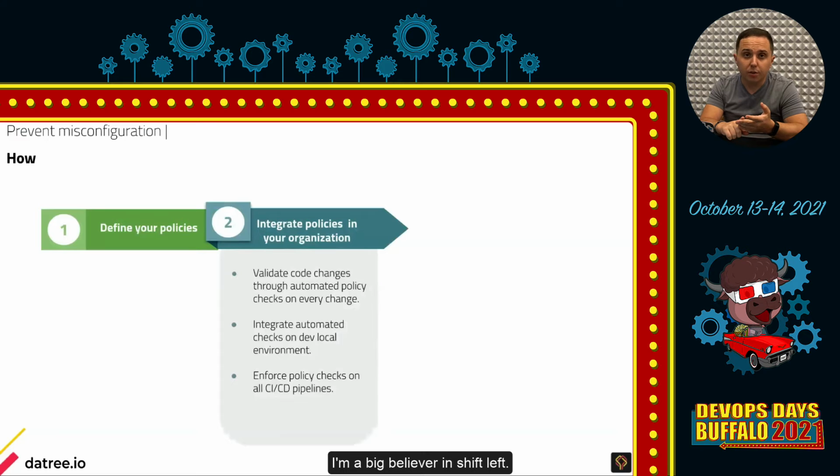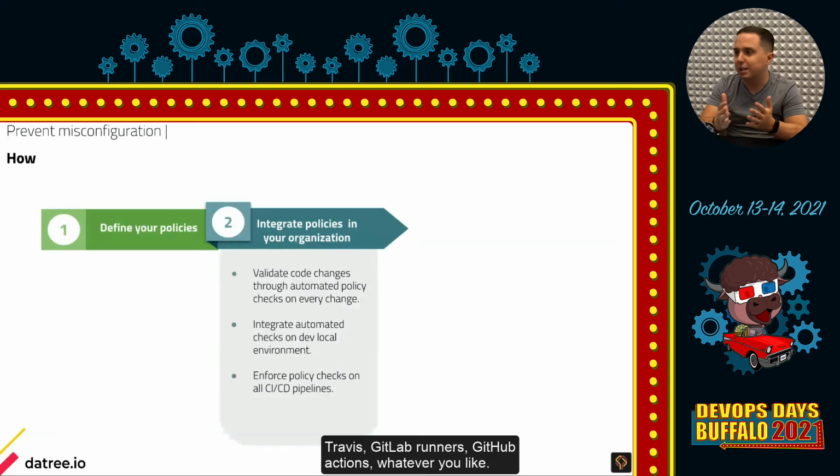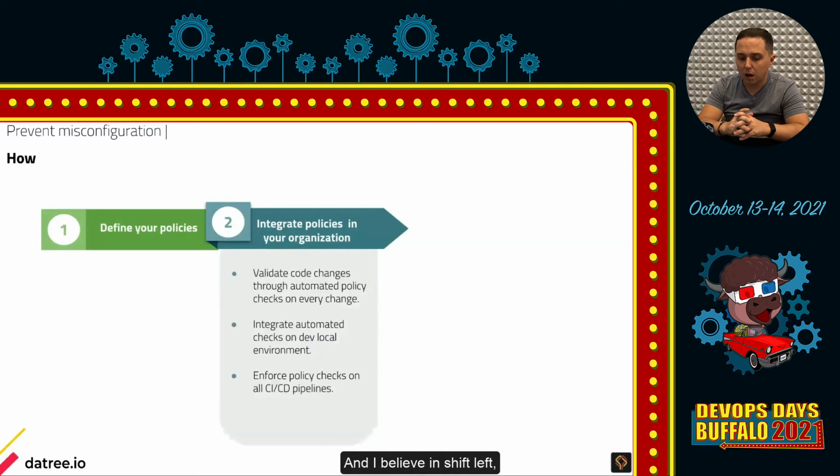I'm a big believer in shift left, so integrate it in your Jenkins, Circle CI, Travis, GitLab runners, GitHub Actions, whatever you like. The sooner you identify the problems, the easier it is going to be to fix them, and also it won't take your production down.